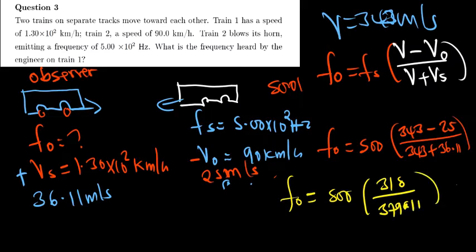So I'll say 318 divided by 379.11. I'm getting 0. I'm getting 0. What? Haven't I swapped them?